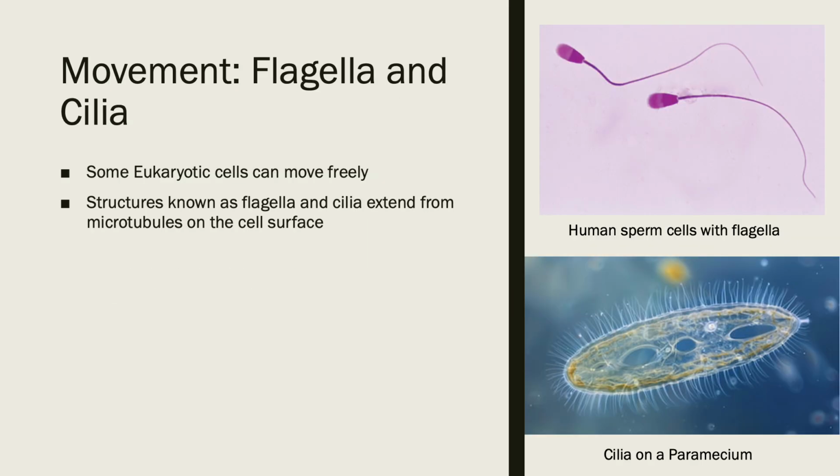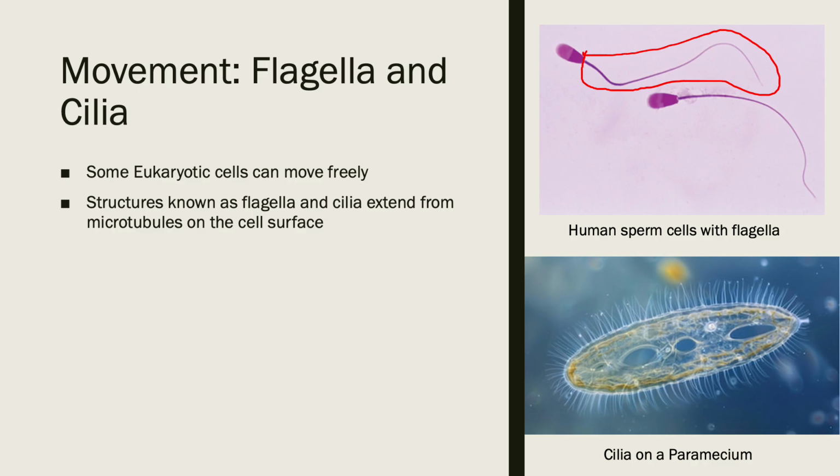And lastly, the various movement apparati for cells, flagella and cilia. Again, flagella are long and whip-like, so prokaryotes will have both of these. Even human cells have these. So the human sperm cell, for example, has a prominent flagella.